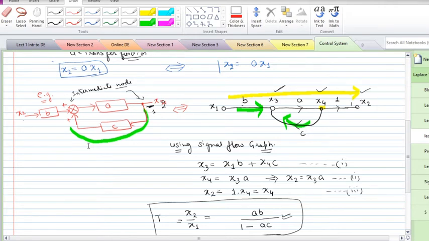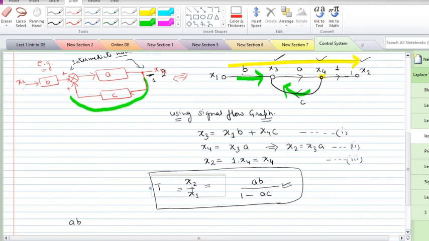So you can write AB is equal to P1, where P stands for path and 1 is its numbering, the forward path transmittance.